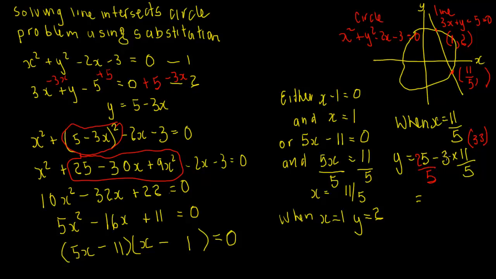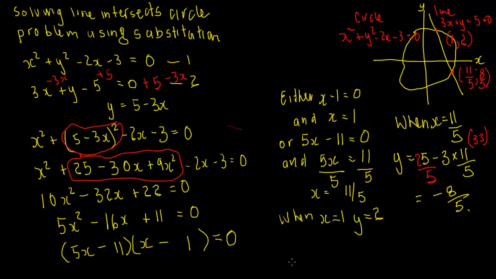So we get 25 minus 33 is negative 8. Negative 8 over 5. So then we can fill in here again with the red pen. Negative 8 over 5.